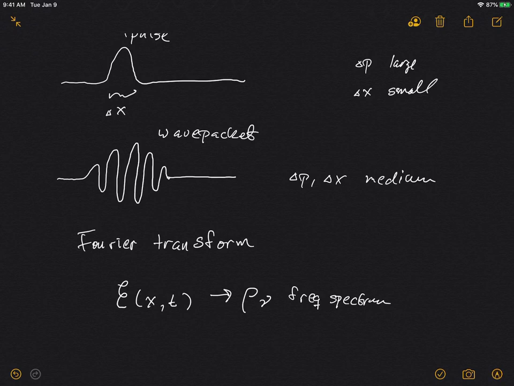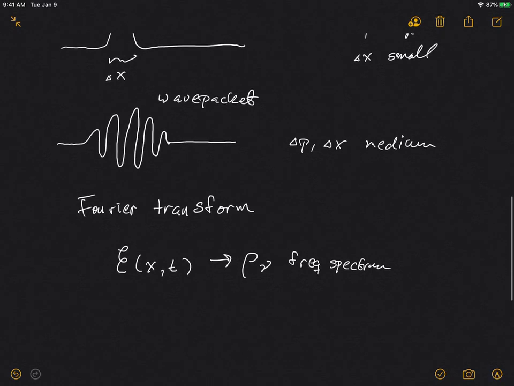So there's this relationship between, say, the electric field associated with a photon as a function of position and time, and the corresponding frequency spectrum. It would be as a function of frequency, or let's say maybe equivalently, once you know frequency, you can convert to wavelength, and that's related to the Fourier transform.